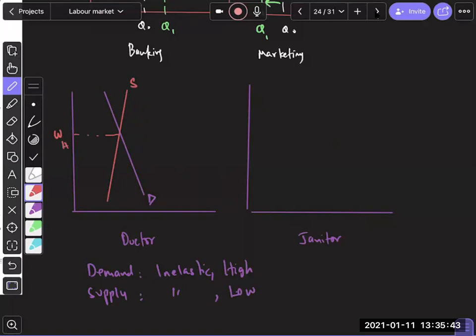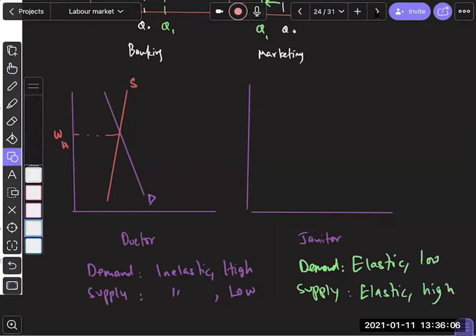High, right? But when it comes to janitors, the demand is elastic and low, and supply is elastic and high, right?